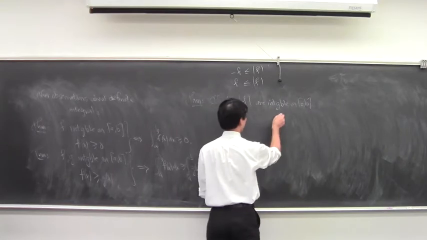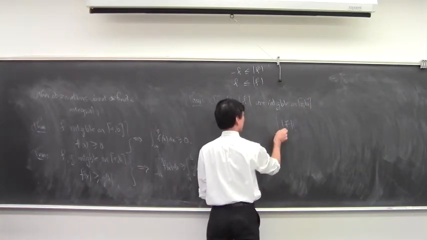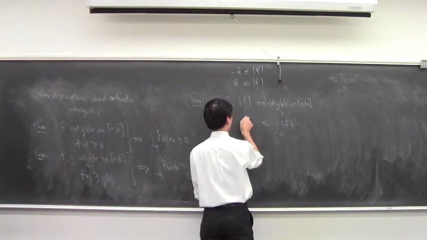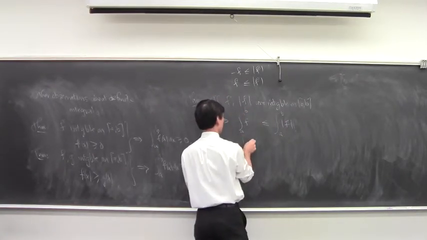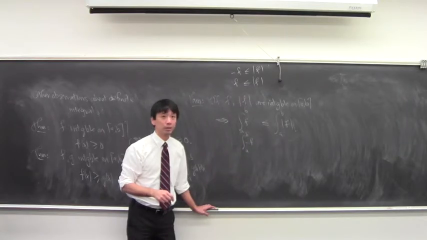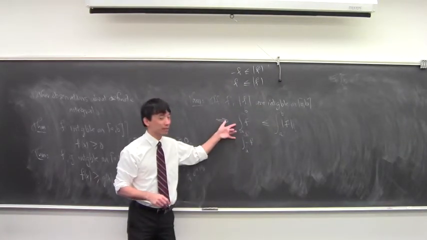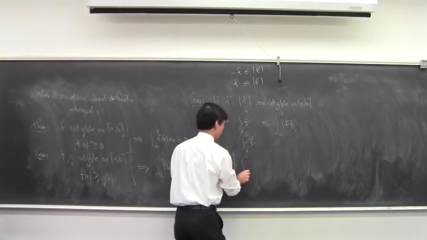So what we see is that the integral of the absolute value is bigger than the integral of f. It's also bigger than the integral of negative f. I can abbreviate this by just saying it's bigger than the absolute value of the integral.